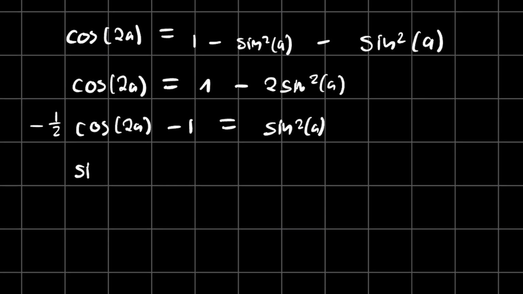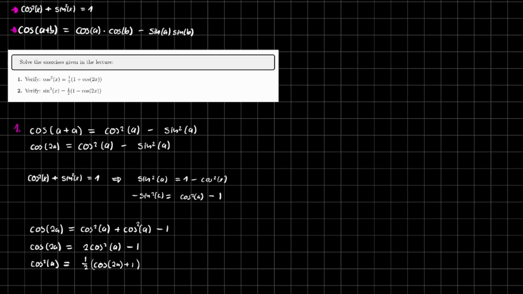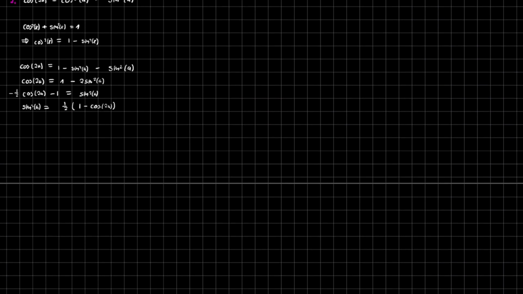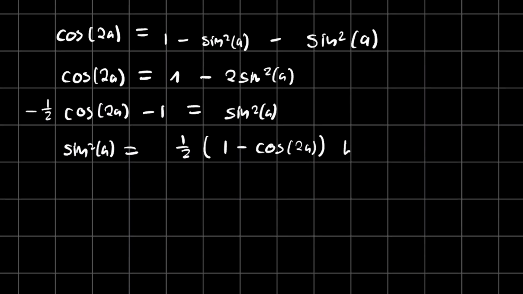So sine squared of A is equal to 1/2 of 1 minus cosine of 2A. As you can see, that's what we got. Same thing, so we have it.